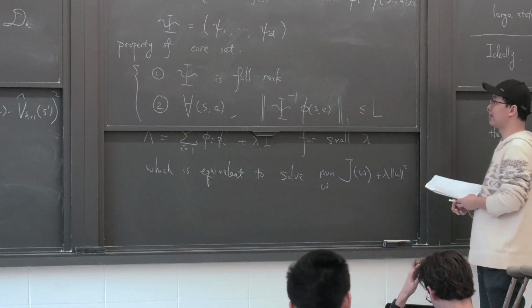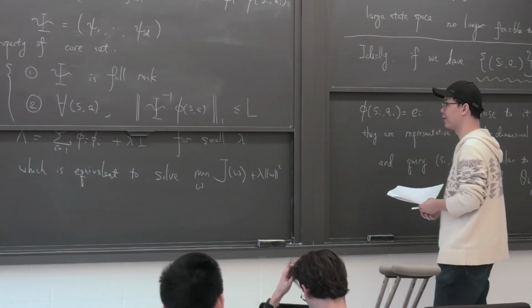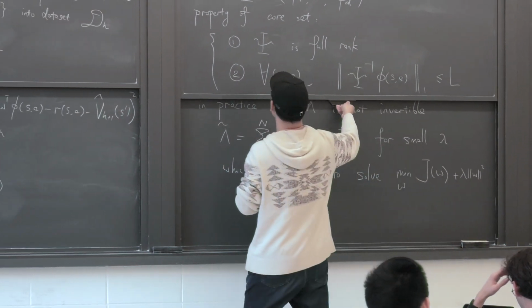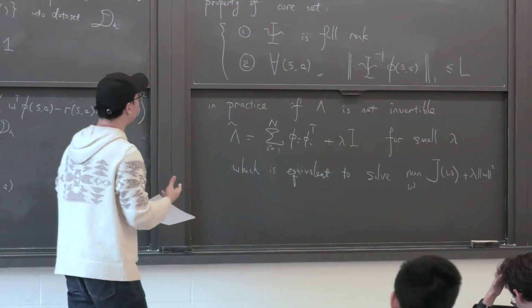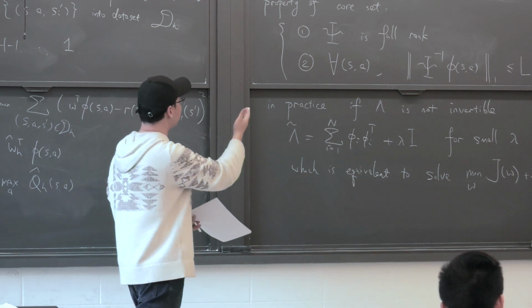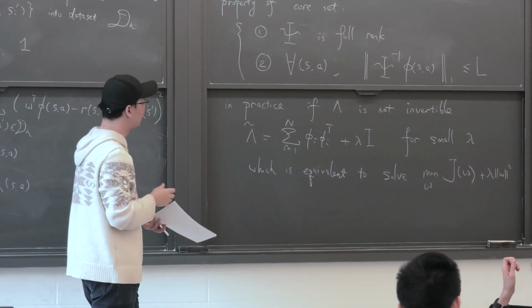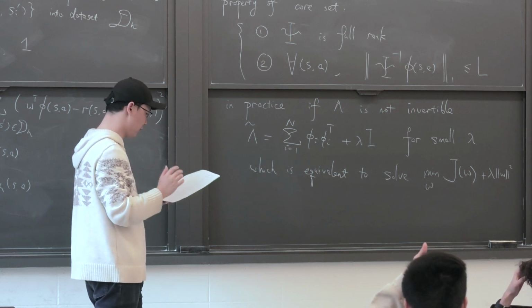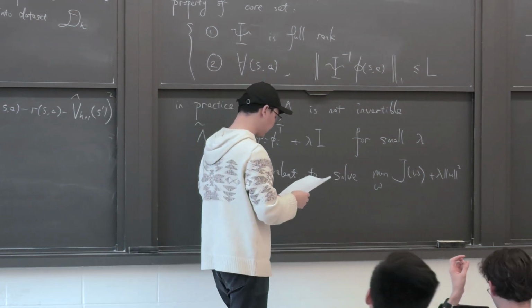And we will see immediately what this condition implies. This essentially says you can efficiently use this set of core set features psi_1 through psi_d to represent the feature vector of any state action pair.